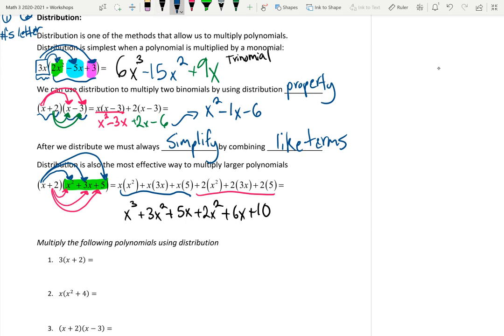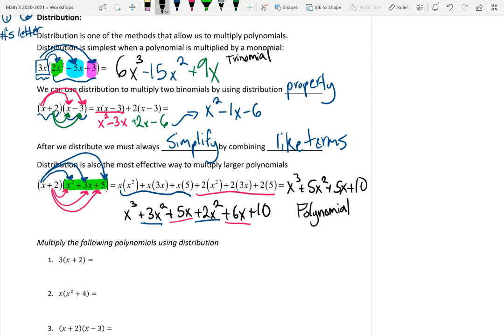I'm going to combine some like terms. I see 3x squared and 2x squared, and I see 5x and I see 6x, and I'm going to rewrite this to be 5x squared plus 5x... and 10. Voila, I have a polynomial. Why did I call it a polynomial? Because it has more than 3 terms in this math sentence.